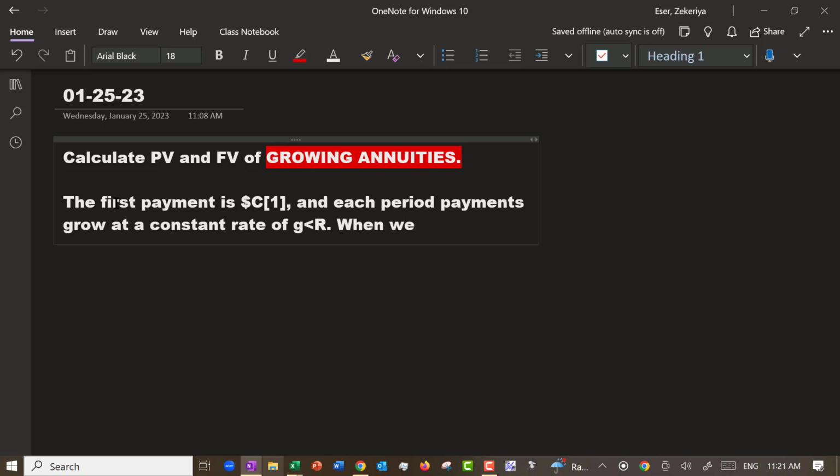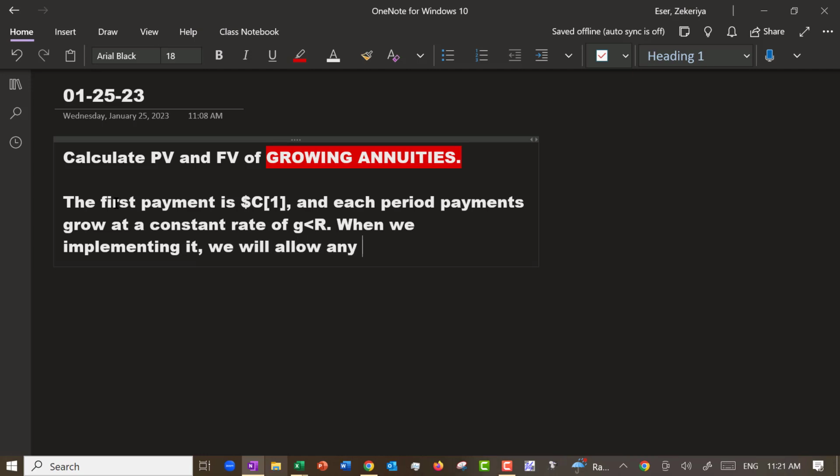But when we are implementing it, we will allow any growth rate.